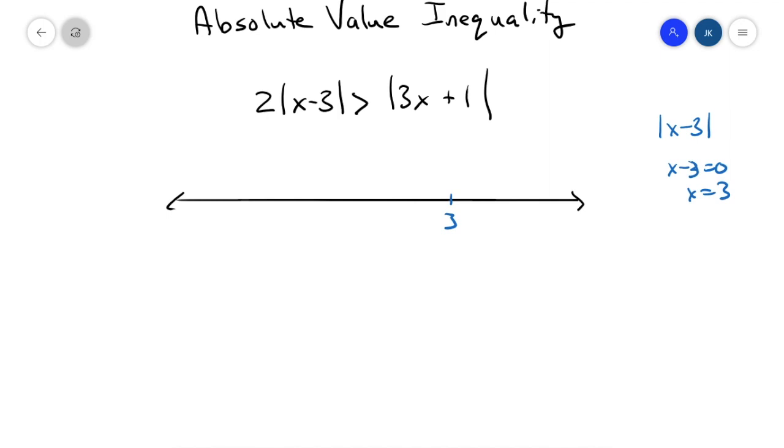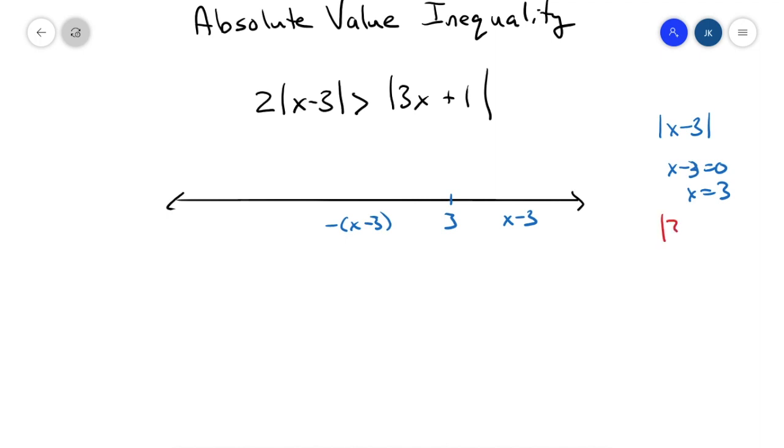If we pick values of x that are greater than 3, then x minus 3 is going to produce a positive number, and so I don't need to do anything to it. But if I choose values of x less than 3, x minus 3 will become negative, and so to balance that, I have to put a negative in front of it to make it positive, because that's what the absolute value does.